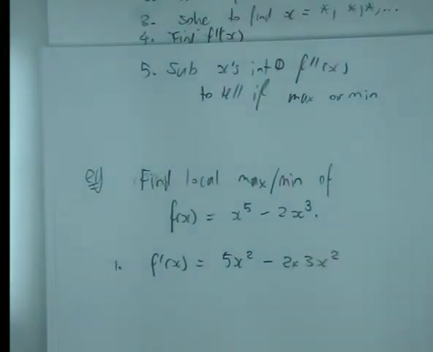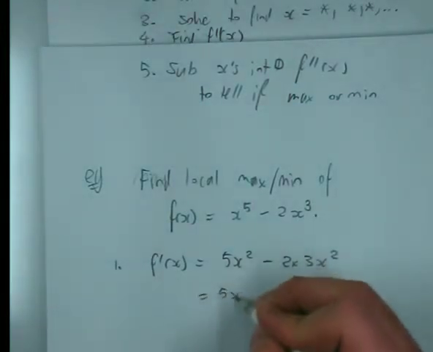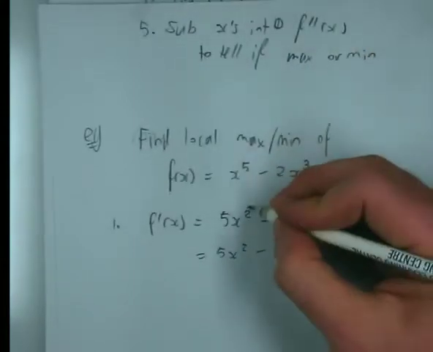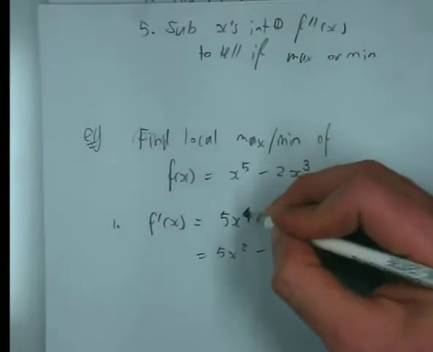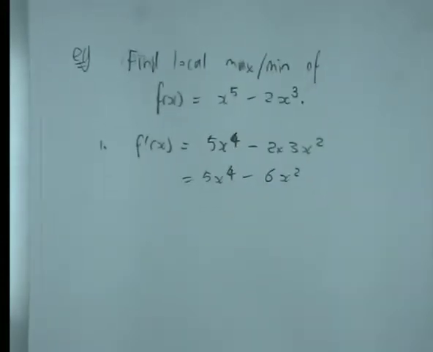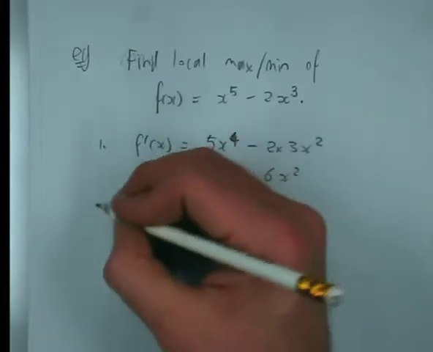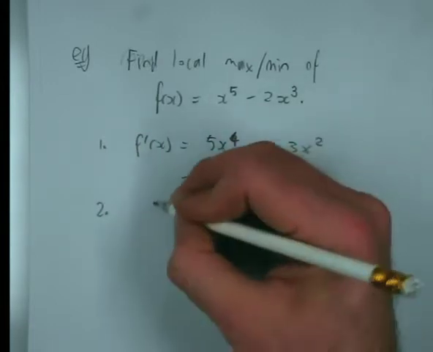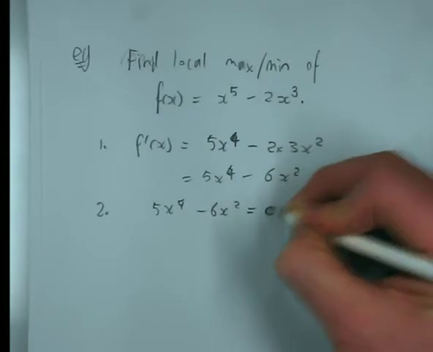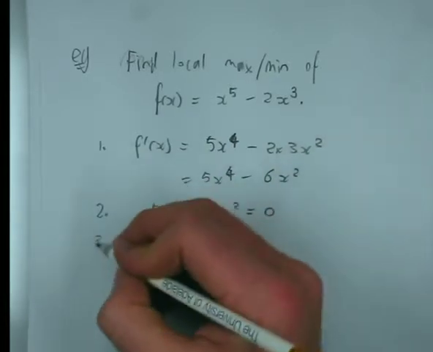Oh, that's a 4. Sorry about that. I'll have to find the second derivative, and I'll do that later. Step number 2, I'll write my 5x to the 4 minus 6x squared equals 0, and then I'll solve it.